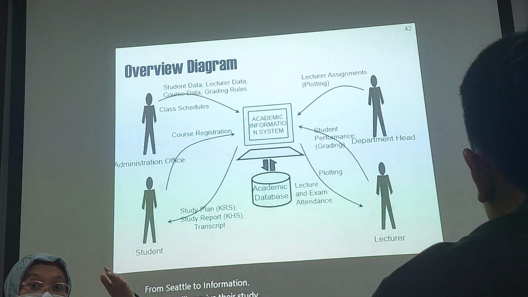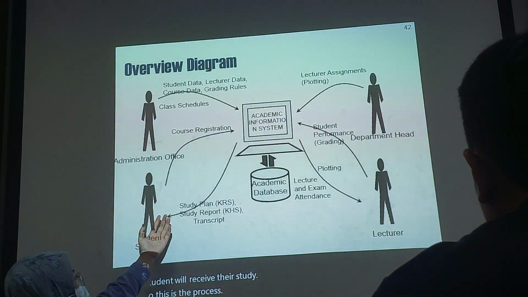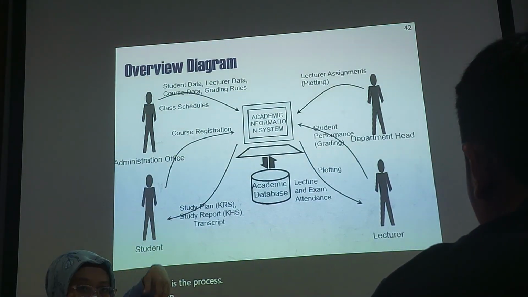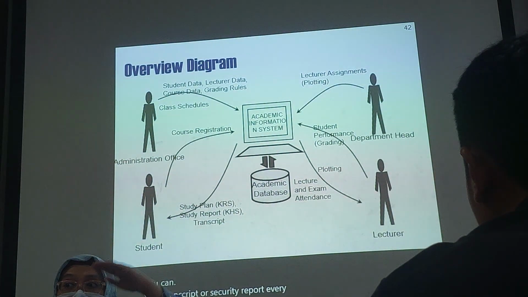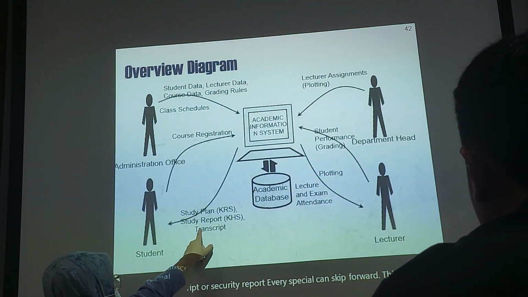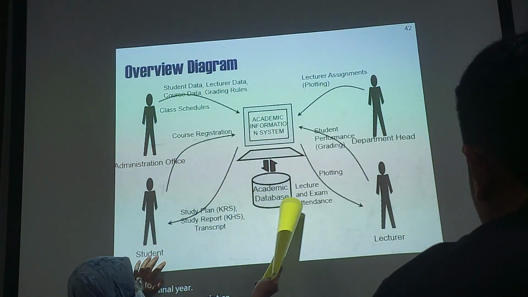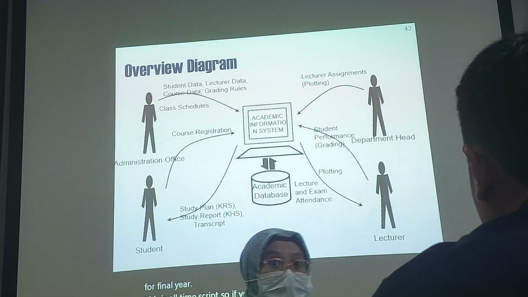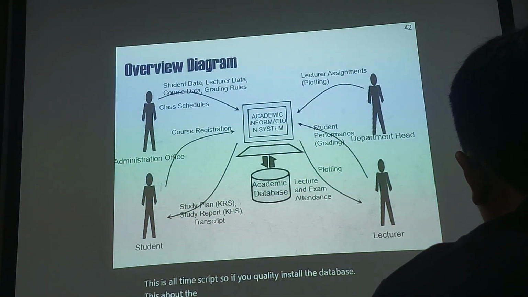So this is the process. You get your transcript or study report every semester. The transcript is for the final year. This is the full transcript. We will collect it and store it in the database, like this for the information system.